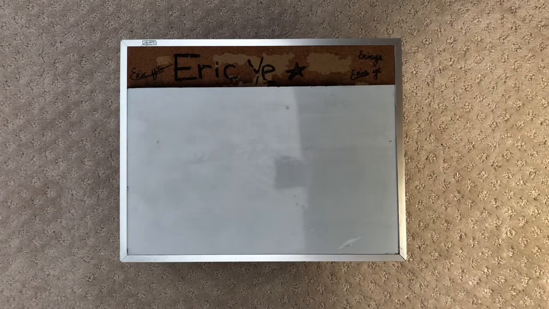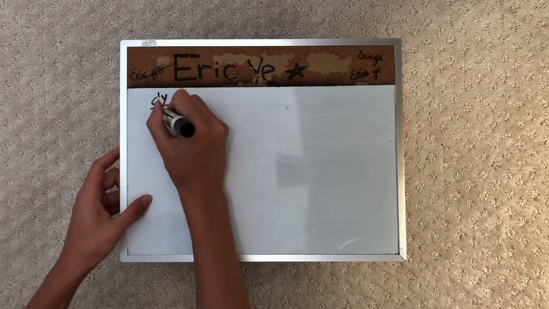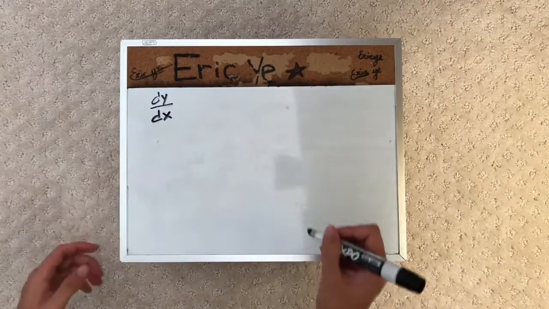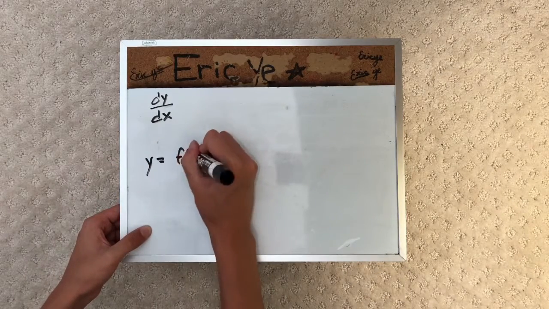Now, if we were to plug this back into the slope equation, we would get dy over dx. And for simplicity's sake, I'm going to define y as f of x.